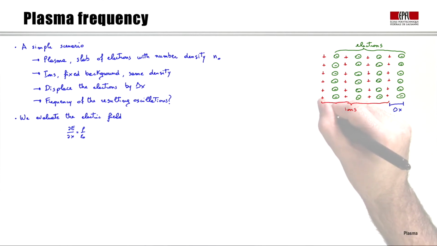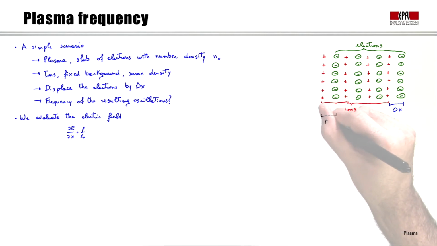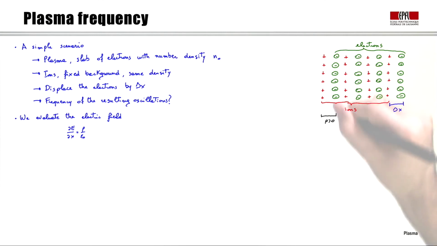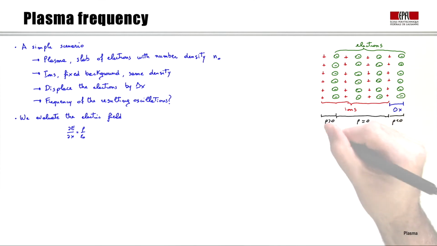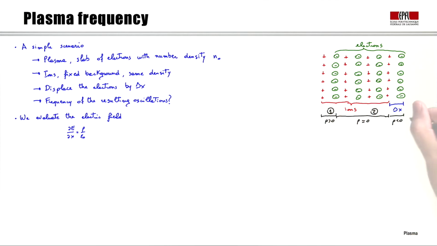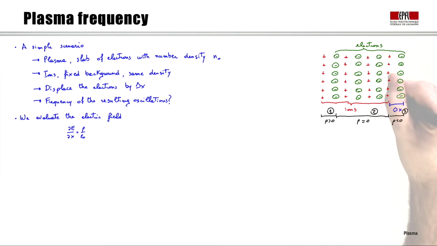Well, we will have a region where the charge density ρ is positive, then a region where the charge is 0, and then a region where ρ will be negative. This will be the first region, second region, and third region. What we are mostly interested in is the electric field in region 2.